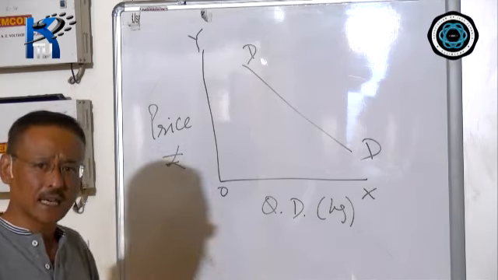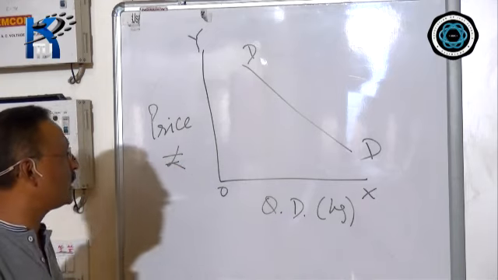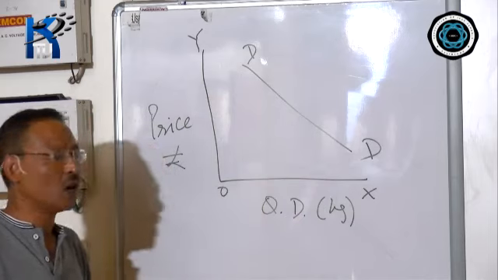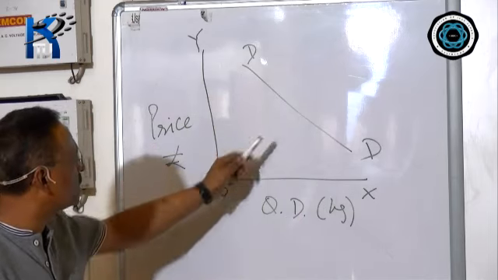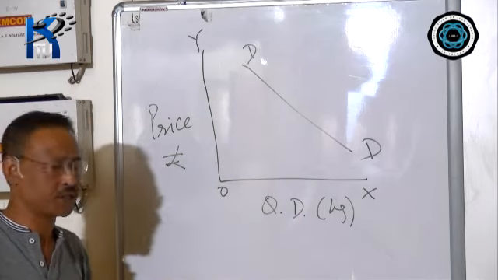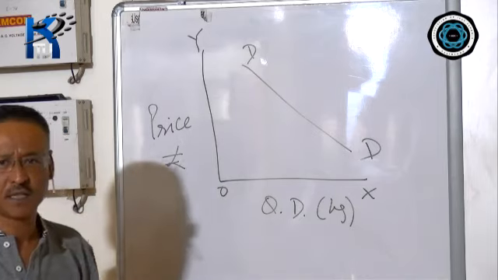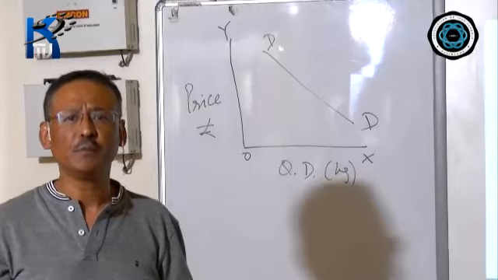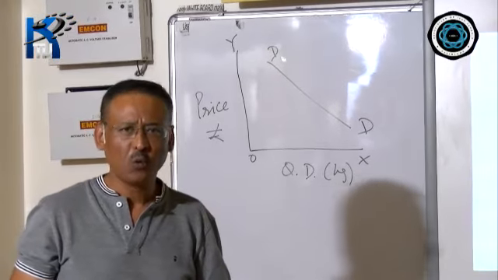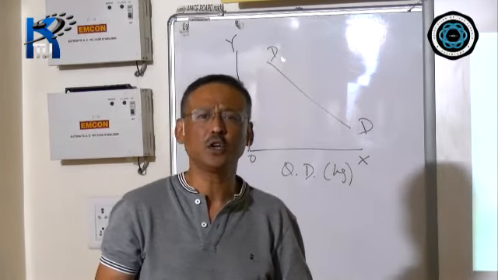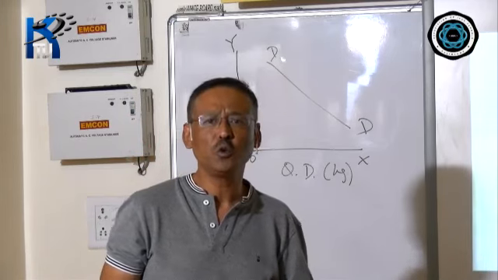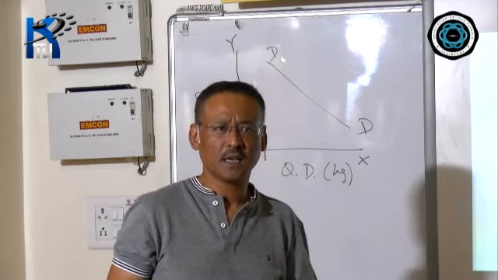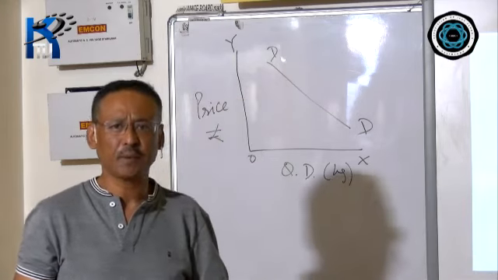And in the last class, we explained why the demand curve is downward sloping towards the right. Why is it that when the price falls, the quantity demanded increases? There were 4 reasons. The first one was the law of diminishing marginal utility, where we discussed that a consumer's equilibrium is reached when MU is equal to P. So when the price falls, the marginal utility is greater than the price.